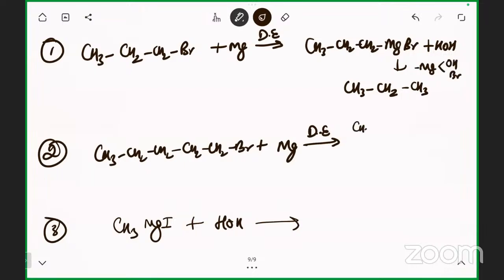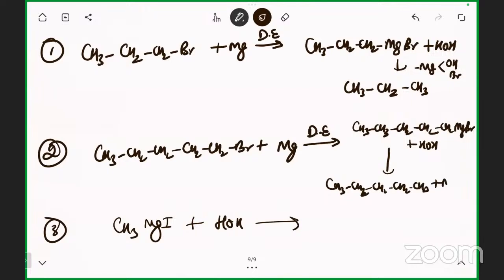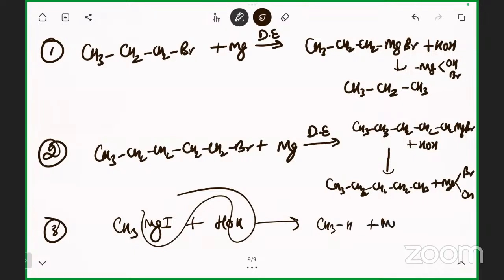Same in this reaction: CH3CH2CH2CH2CH2MgBr, then we'll add water. It will give CH3CH2CH2CH2CH3 plus MgBrOH. Then here CH3MgI plus H2O gives CH4 plus Mg(I)OH. So that is not a tough reaction, I think.